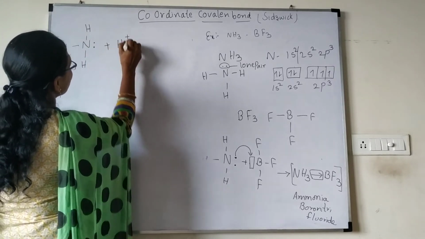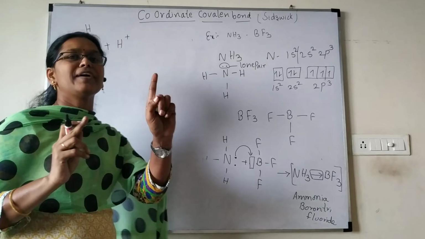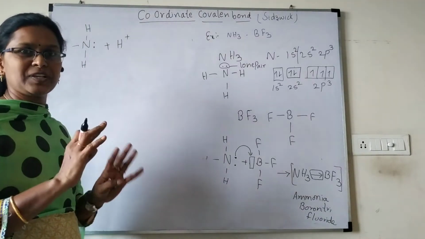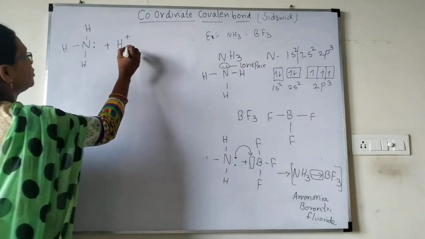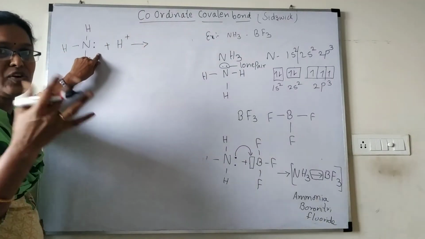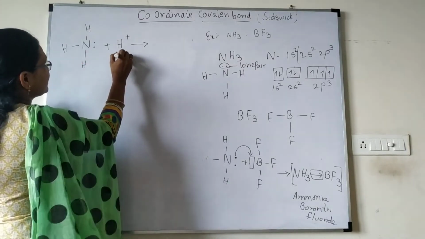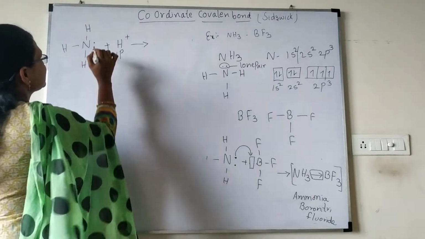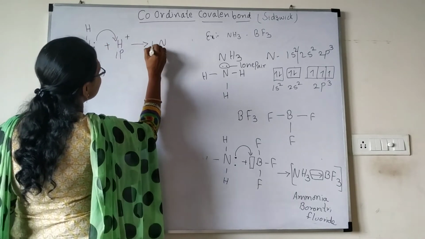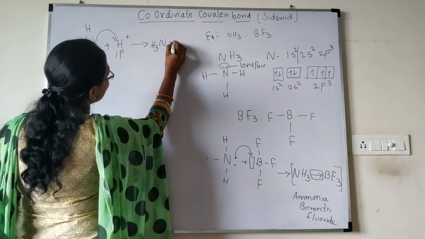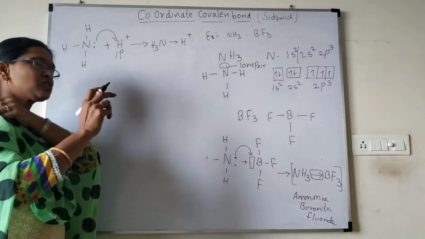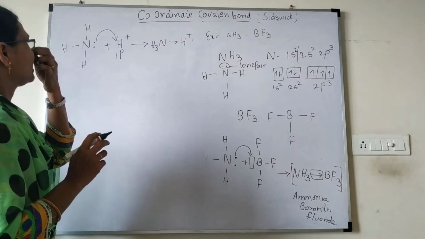H plus ion, in the sense, what is that? Only one electron is there in the hydrogen. That one electron we already removed, right? So how is it forming? By removal of that electron, there are no electrons, only one proton will be there here, okay. So this electron pair transfers to this, and then it forms NH3 covalent bond H plus, okay. So like this we can say here.